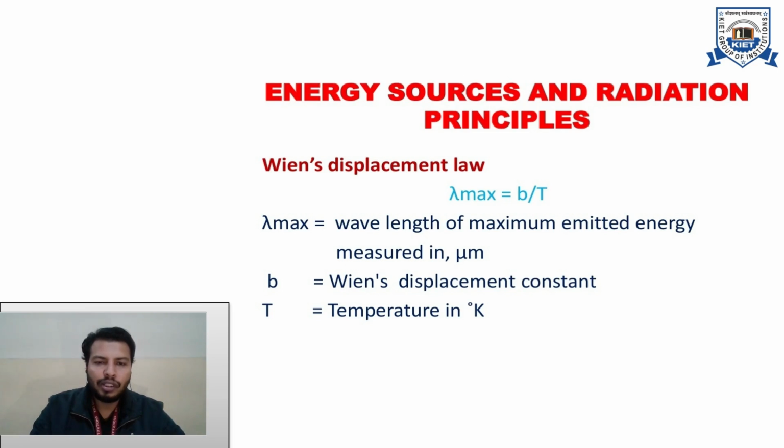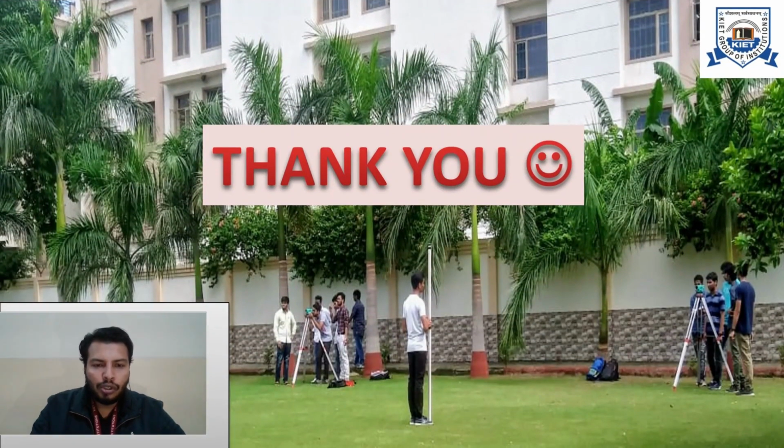By using this law we can calculate the maximum wavelength of the radiated electromagnetic radiation. So this was all. We have seen what electromagnetic energy is, what the electromagnetic spectrum is, what the different bands available for remote sensing are, and what the different laws are by which we can calculate the total radiance as well as the maximum wavelength for a particular band of radiated electromagnetic radiation.